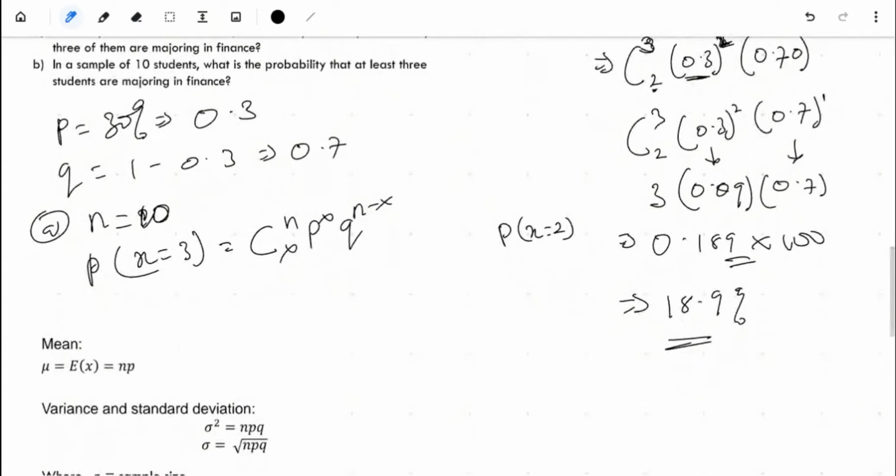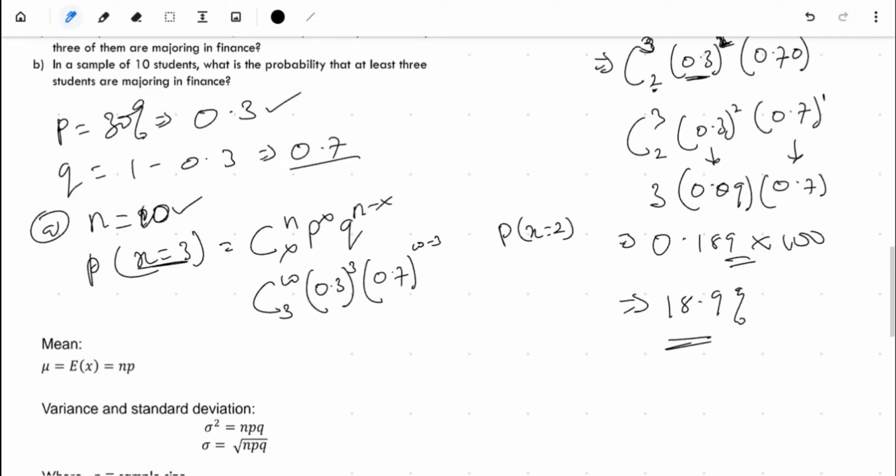So we just input the values. Our total number selected was 10. Out of the 10, what's the probability that 3 of them, right? So here is 3, and our success here is 0.3 to the power 3, and then our failure is 0.7 to the power 10 minus 3.